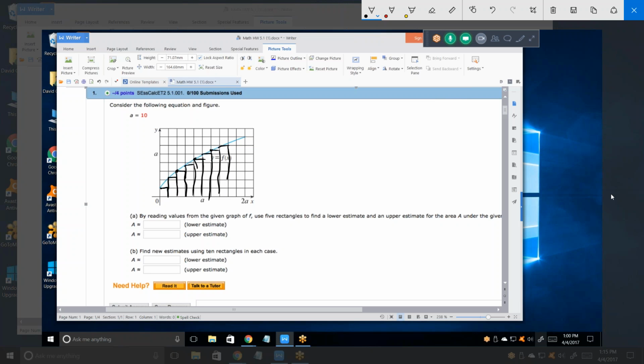We got a certain approximation when we used only 5 rectangles, but you can see by this drawing that this is going to be a better approximation than when we only used 5 rectangles, right? It just is. The more rectangles there are in this space, the closer you are to the exact amount.